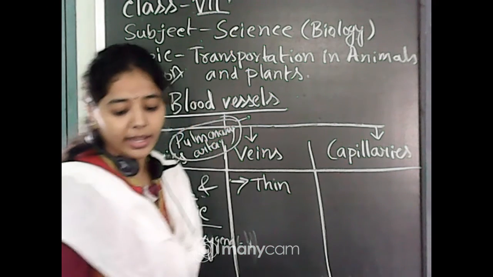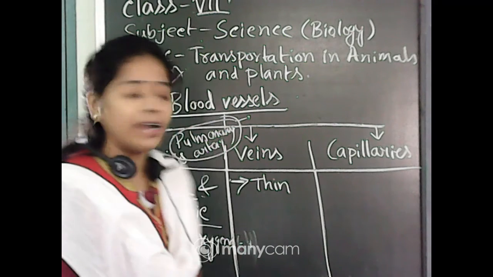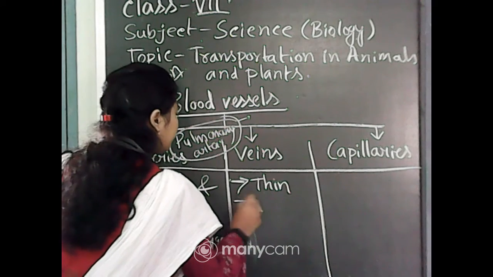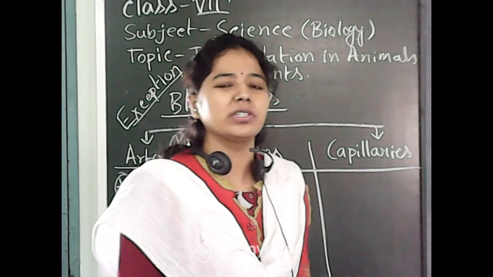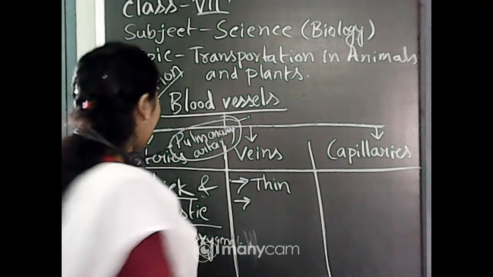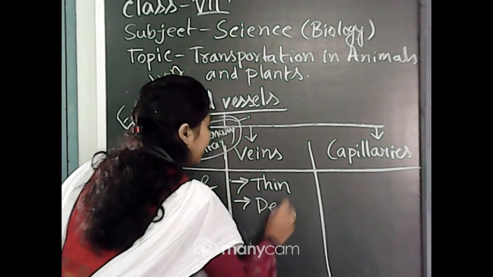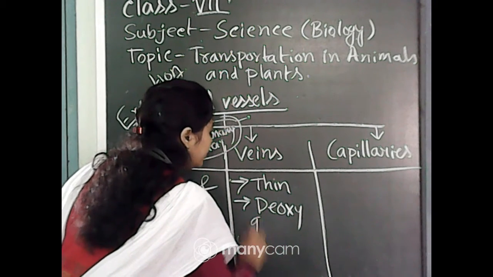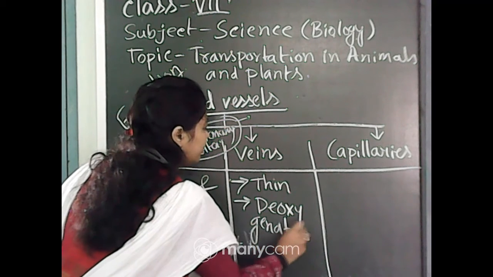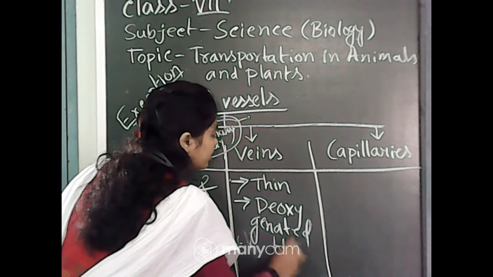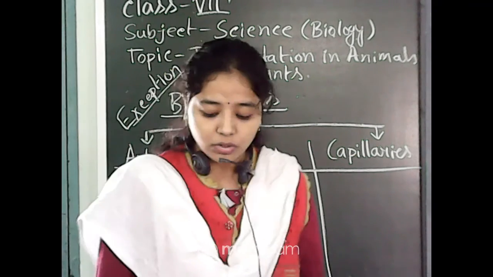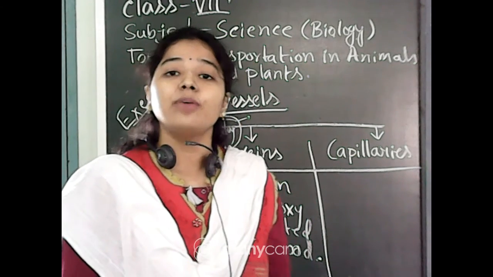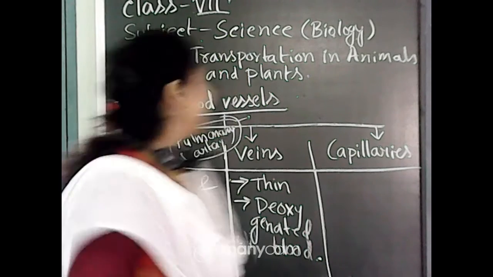They are thin-walled, and here blood flow is at low pressure. As they are thin-walled, they carry deoxygenated blood. Deoxygenated blood means blood where oxygen is absent. Now there is also an exception in veins.